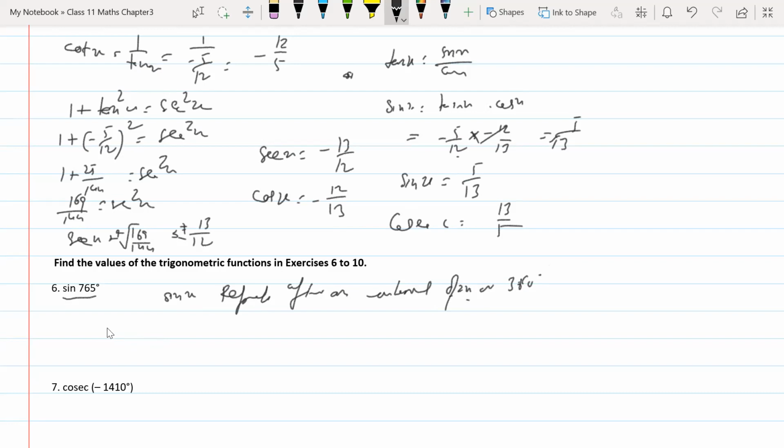Hence, we can write sine 765 degree as sine of 2 into 360 degree plus 45 degree.